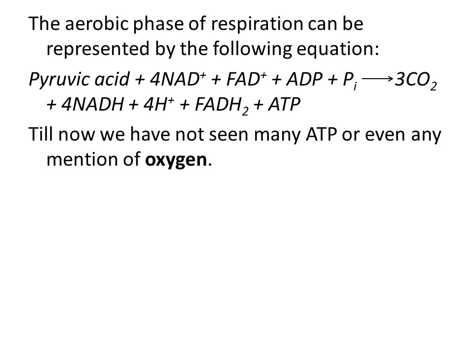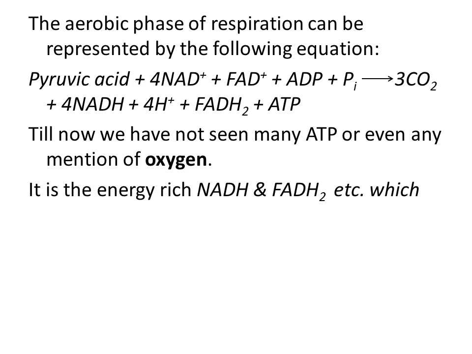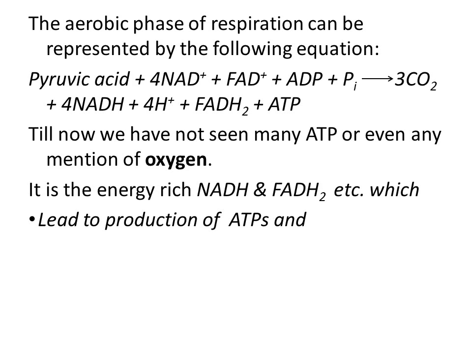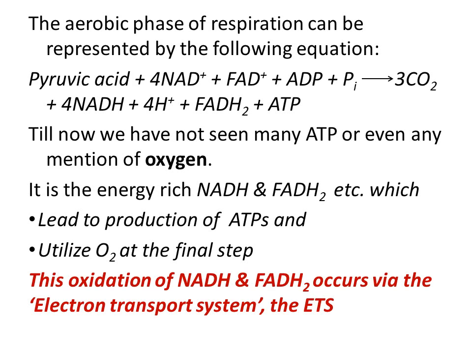Till now we have not seen many ATPs being formed and not even any mention of oxygen. So it is actually these energy rich NADH and FADH2 which lead to the production of ATPs and utilization of oxygen as a final step. And this oxidation of NADH and FADH2 occurs via what is known as the electron transport system, which shall be dealt with in the next part of the lecture.